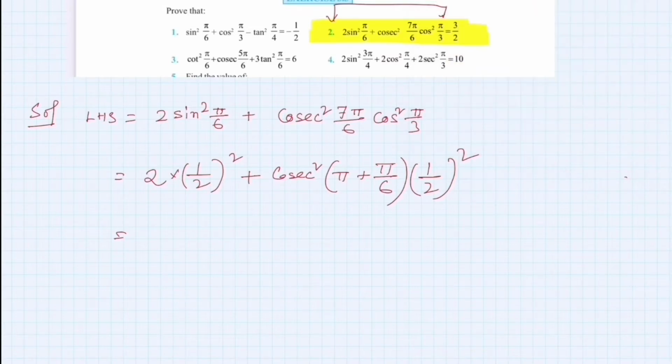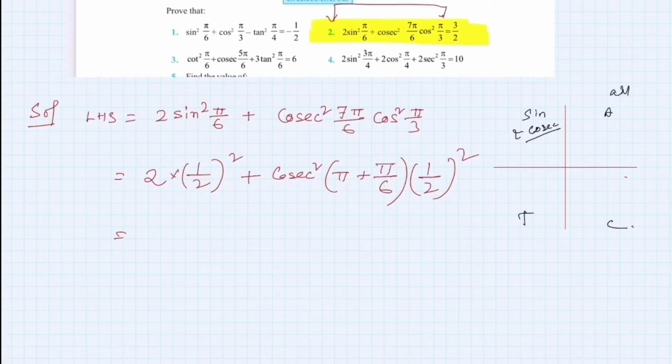Here you see ASTC. That means here all trigonometric ratios are positive. Here sine and its reciprocal cosec are positive in the second quadrant.